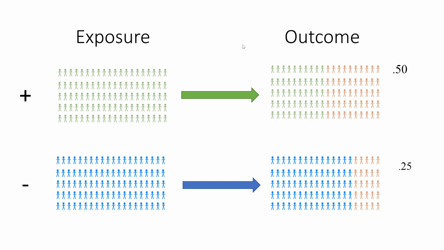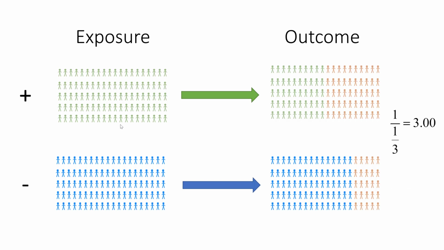Now let's convert these probabilities to odds. We take the probability of the event in both groups and divide it by the probability of the event not occurring, and we end up with odds of 1 in the exposed group and 1/3 in the unexposed group. The odds ratio is the ratio of the odds in the exposed group to the odds in the unexposed group.